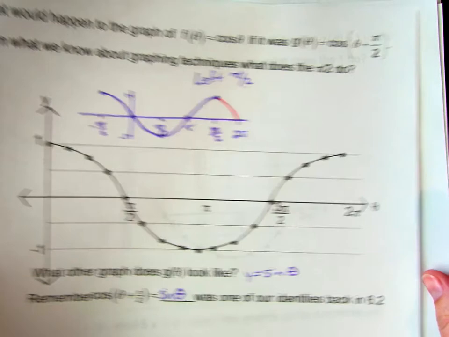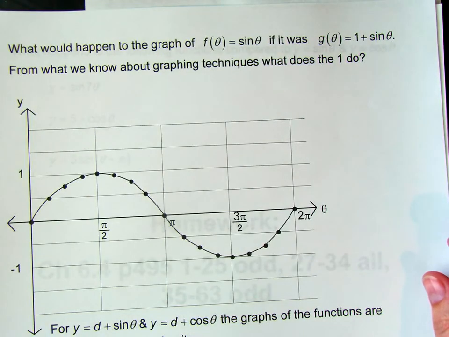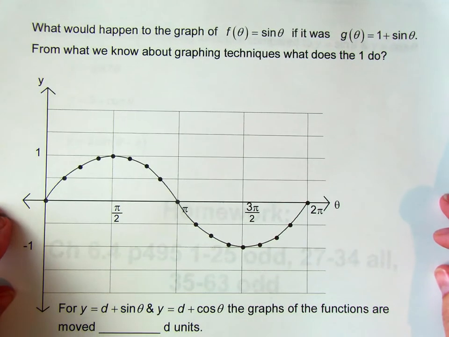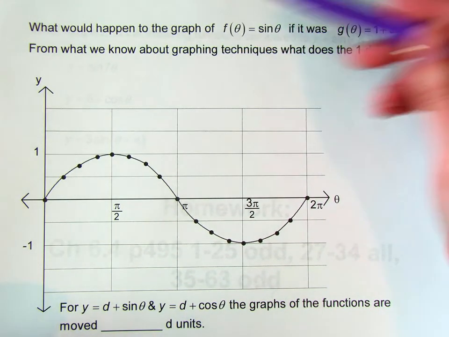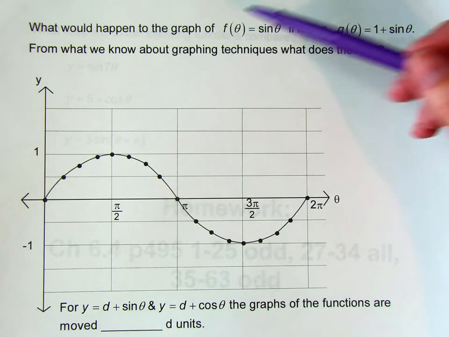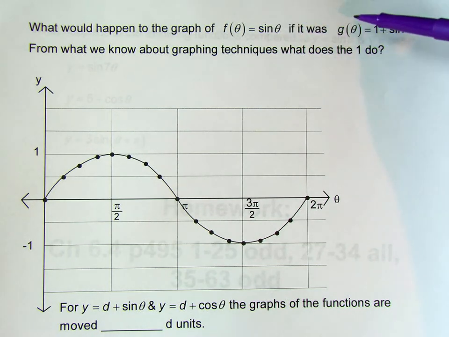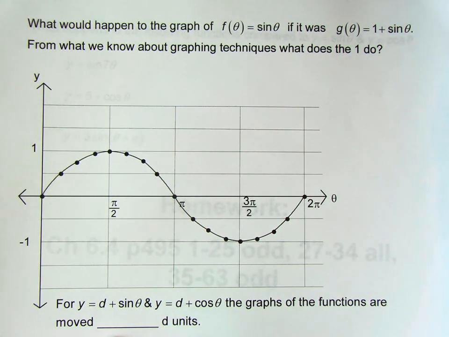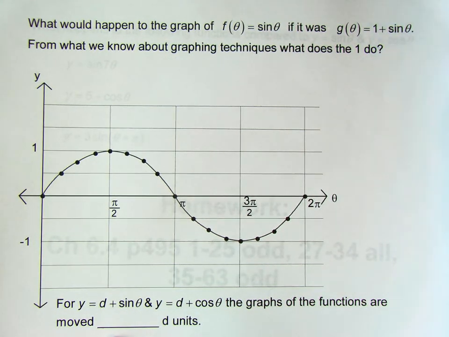Another shifting example. Make sure I have it on the screen here. Okay. What would happen to the graph of f of theta equals sine theta if it was g of theta equals 1 plus sine theta? So this 1, what is it doing? Well, is it on the inside or is it on the outside?